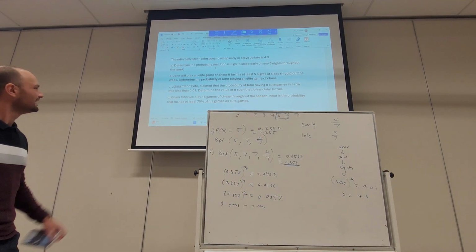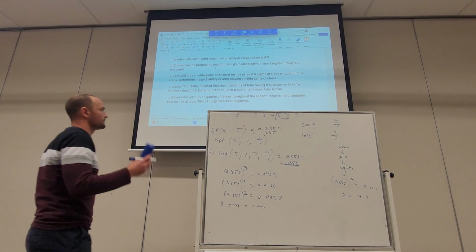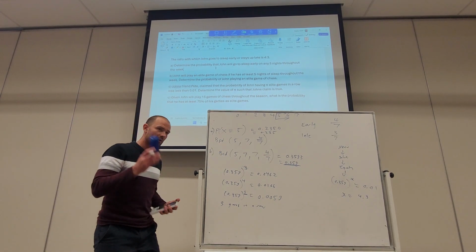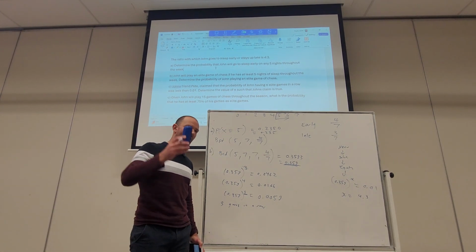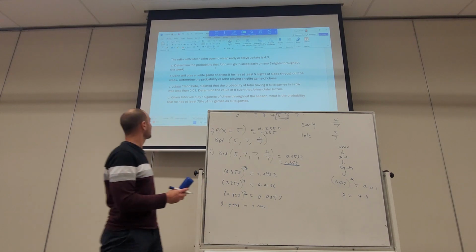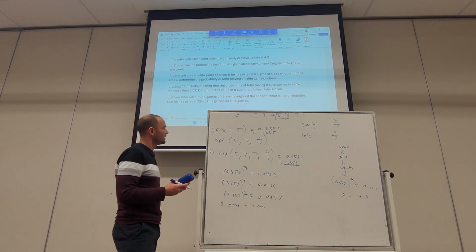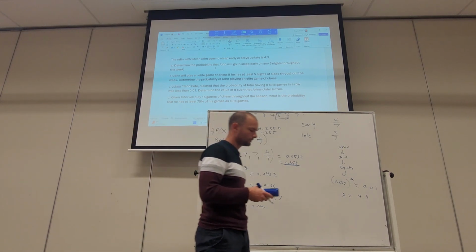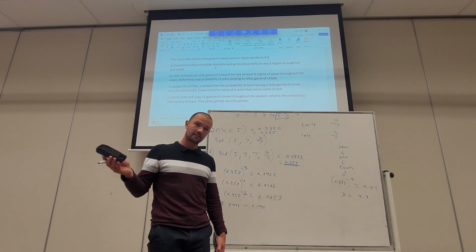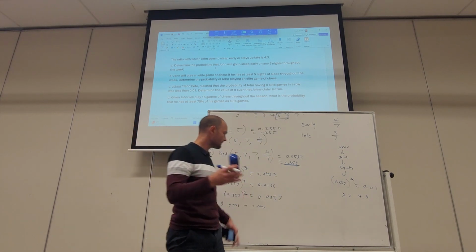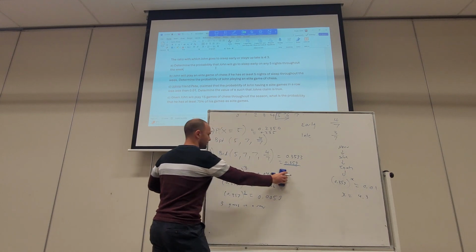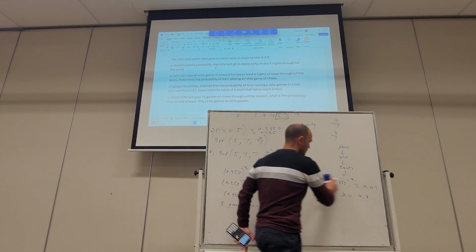Second part of C. Given John plays 15 games of chess throughout the season, what is the probability that at least 75% of his games are elite games? So 15 games throughout the season, we want 75% of them to be elite games of chess.